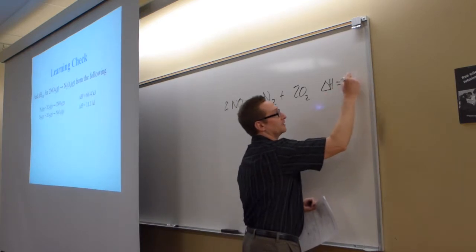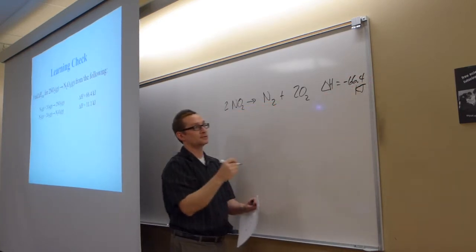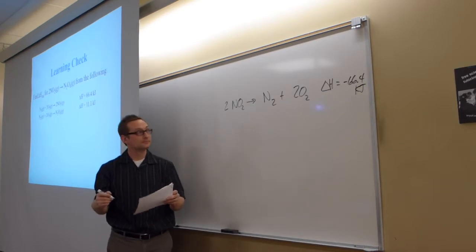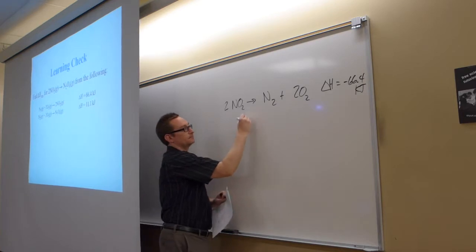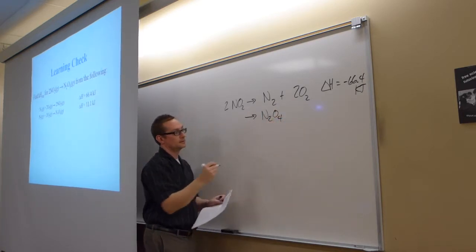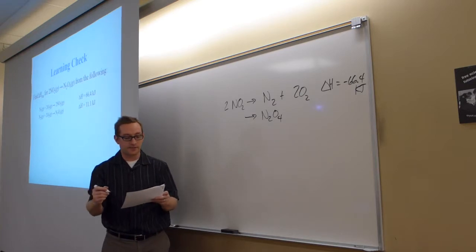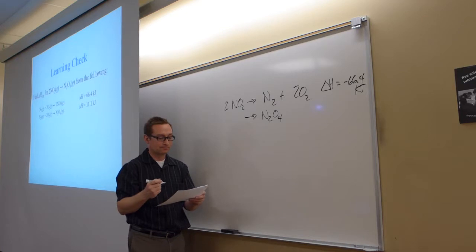So this is now negative 66.4 kilojoules. And then for the second reaction, we can leave that the same, because we already want that on the right side.